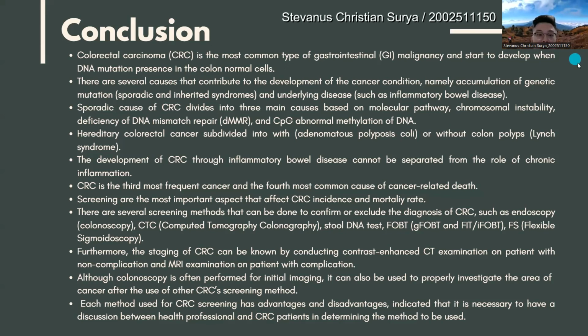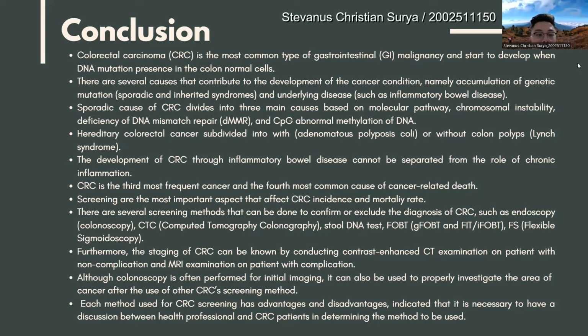Number one, colorectal carcinoma, or CRC, is the most common type of gastrointestinal malignancy and starts to develop when there is dysplasia in the colon's normal cells.